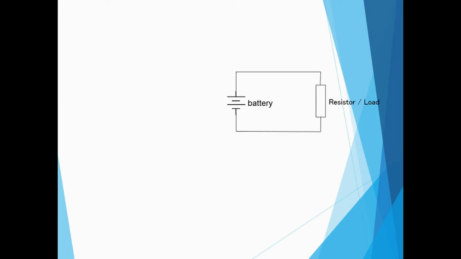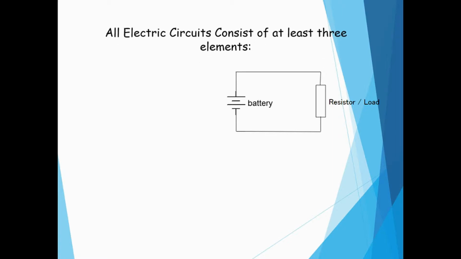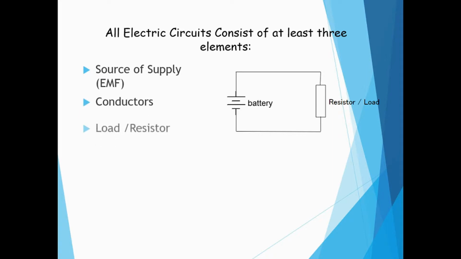The simplest circuit consists of three elements. Those elements are source of supply or electromotive force, which they show with EMF, conductors or wires, and load or resistor.